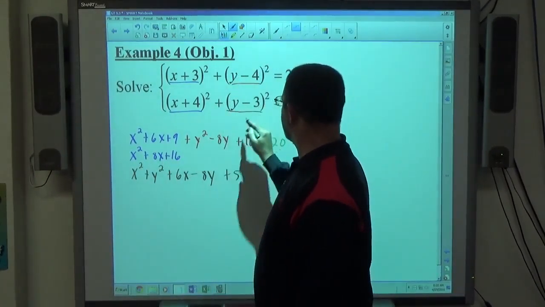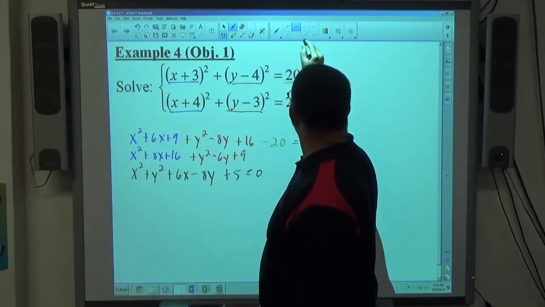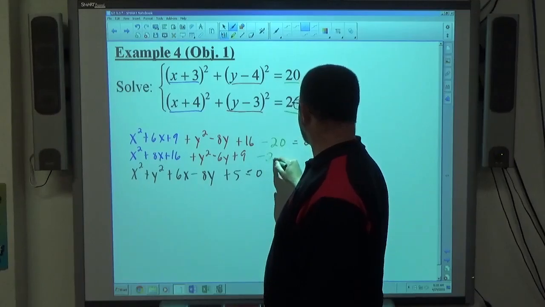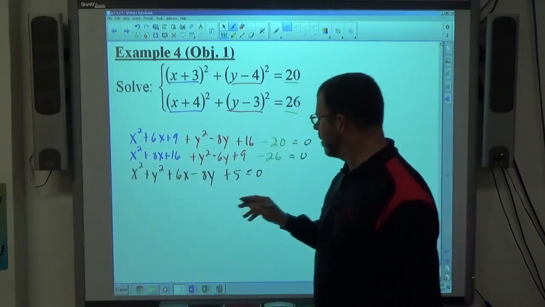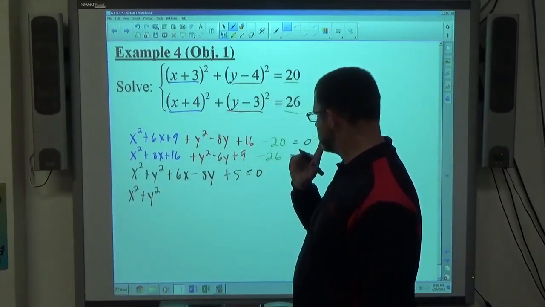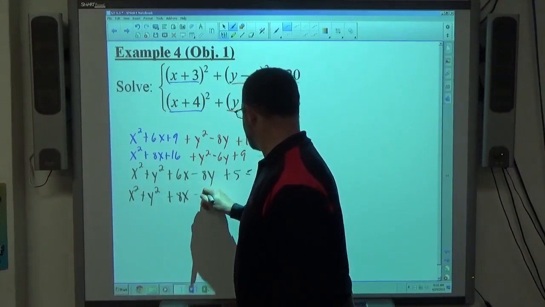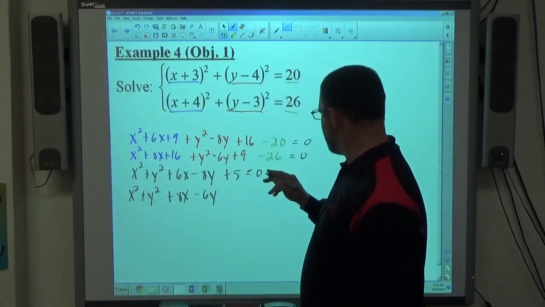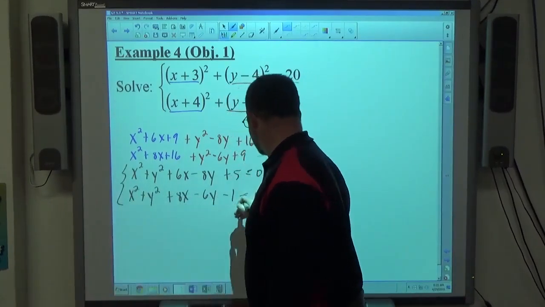And (y − 3)² becomes plus y² − 6y + 9. And the 26 I'm going to move to the other side, so minus 26 equals 0. If I simplify, it becomes x² + y² + 8x − 6y, 25 minus 26 is minus 1, equals 0. That's going to be my starting point.